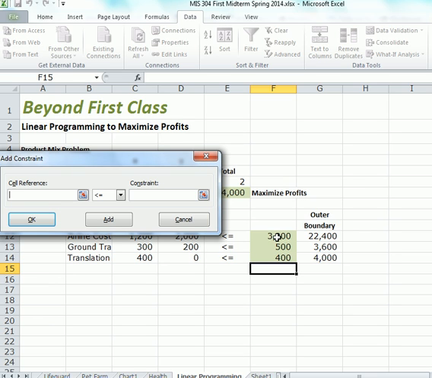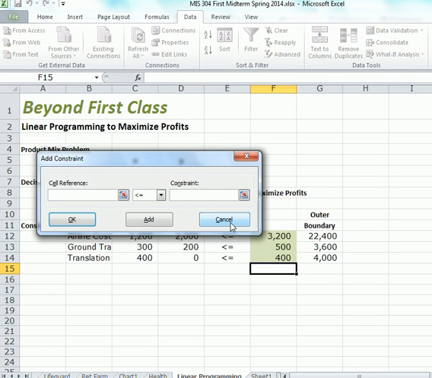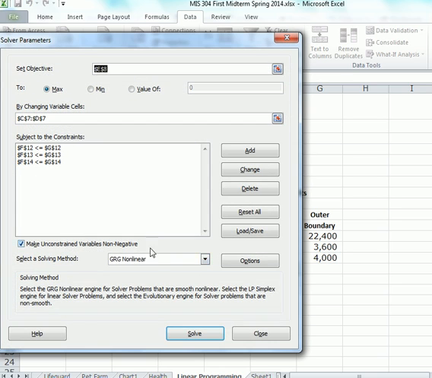First one is that whatever you use of the airline cost should be less than your boundary, your constraint. That's all, and solve.